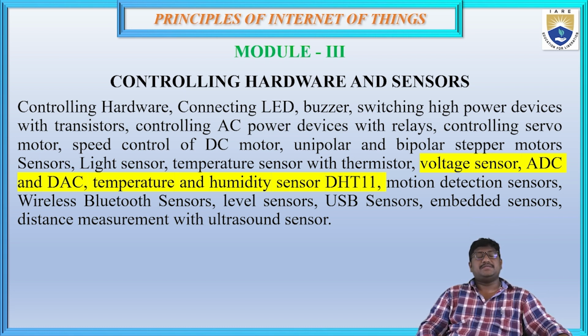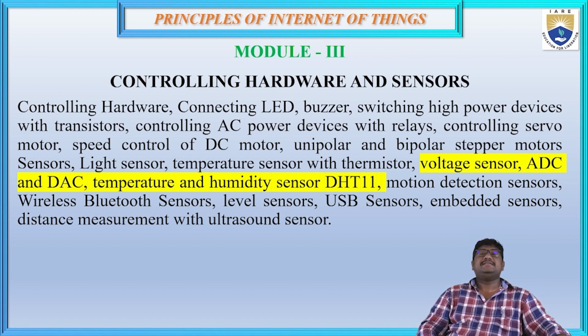All these are the topics which we discussed in the previous classes. In today's session, I am going to discuss voltage sensor, ADC and DAC, and the temperature and humidity sensor, which is DHT11, also known by an alternative name.